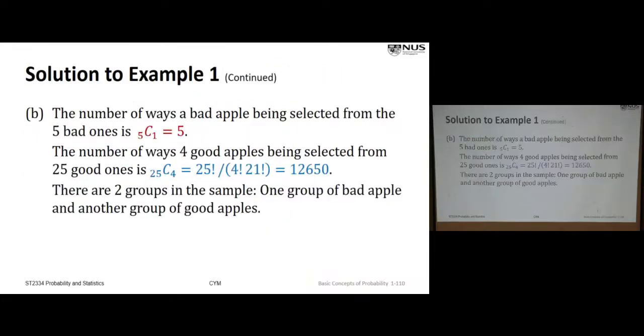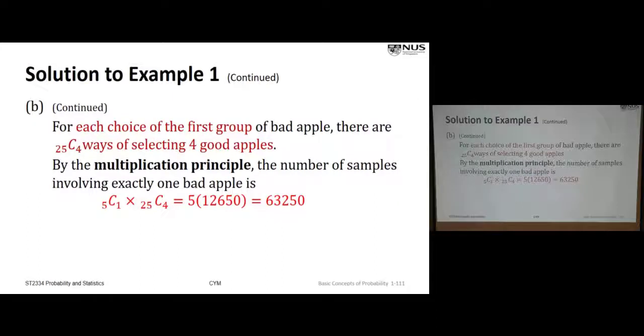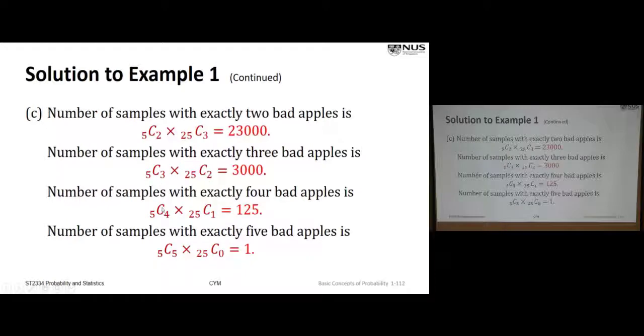What I'm trying to say is, here: choose 2 bad apples, so the other is 3 good apples; 3 bad apples and 2 good apples; 4 bad apples and 1 good apple; 5 bad apples and 0 good apples. So after I compute all this, what to do next? Should I multiply them or should I add them? Add. Why?